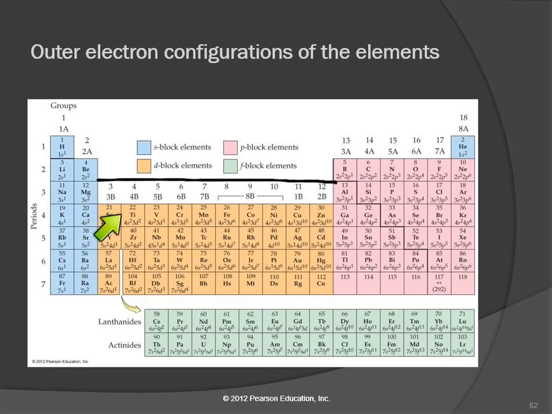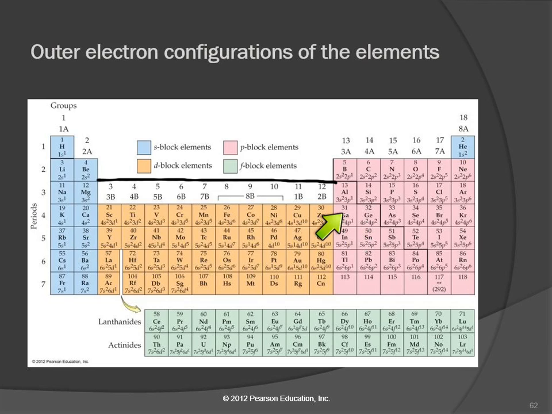This is 3D. How many boxes are there? 10. How many orbitals are in the d subshell? Well, there's 5 orbitals. They each hold 2 electrons, so they can hold 10 electrons. So there's 3d. Now, this wasn't the sunken part, so we're back to 4.